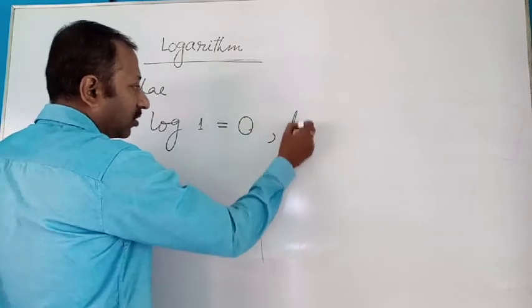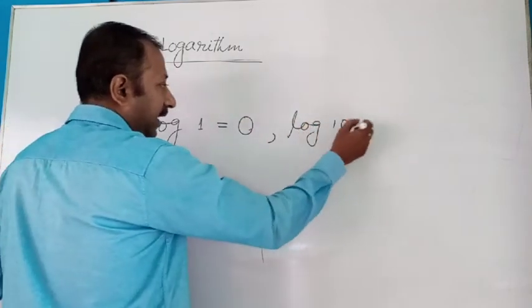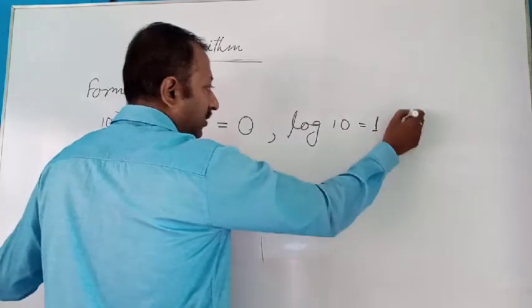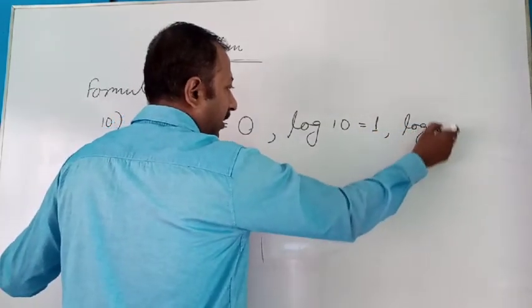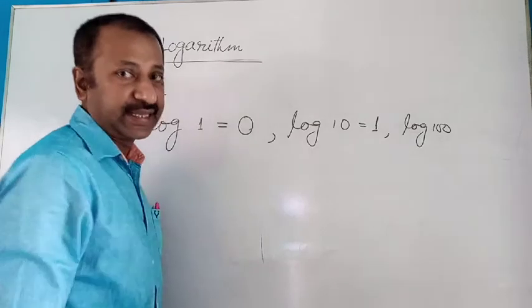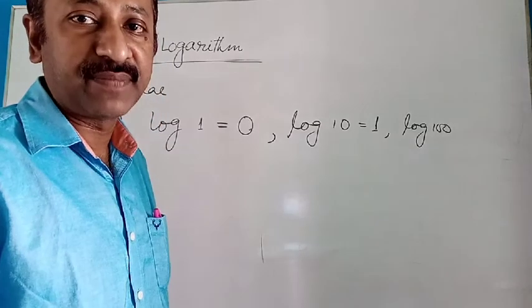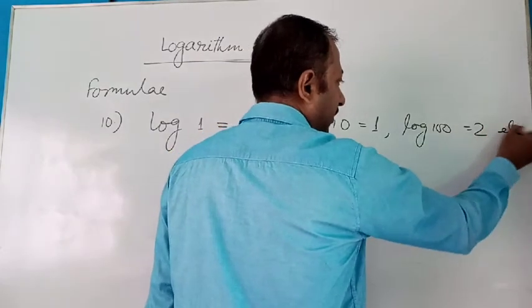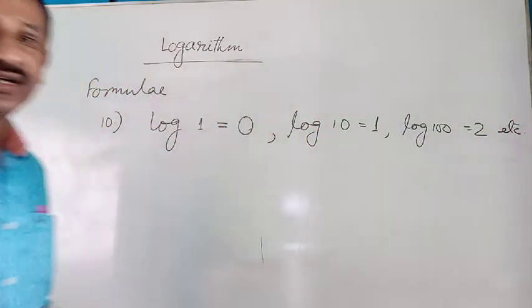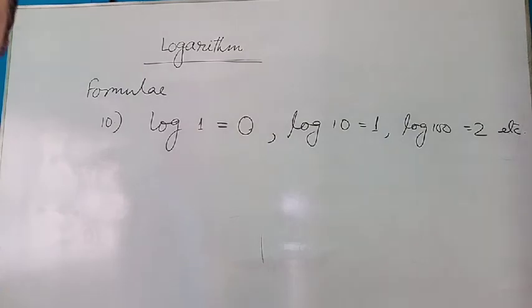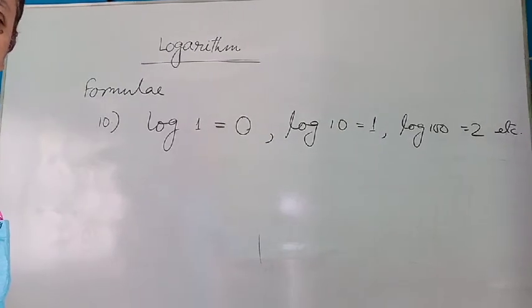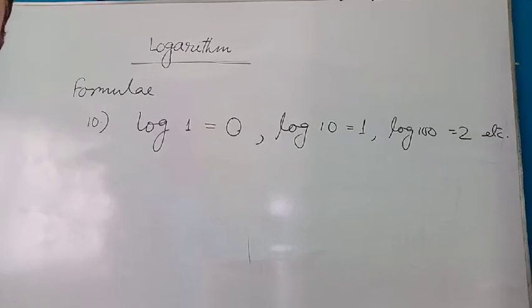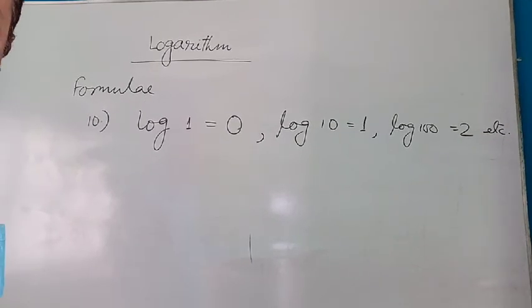Then log 10 is 1. Log 100, the base is not mentioned, which means the base is 10. Log 100 equals 2, and in this way it will continue. Log 1000 will be 3.